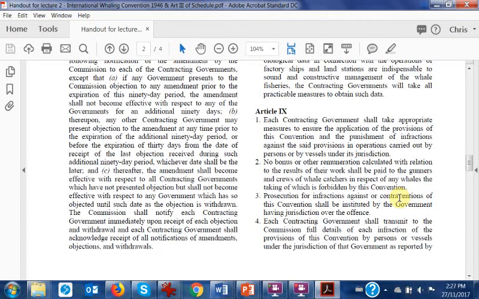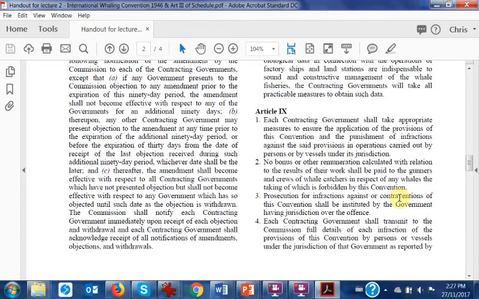So one of the things with international law is it's binding between countries, but it's not binding on, say, you and me. So you and I aren't bound by this international agreement. It's binding between the parties, which is the government of Australia, the government of Japan, the government of the United States of America, the governments that are parties to it.